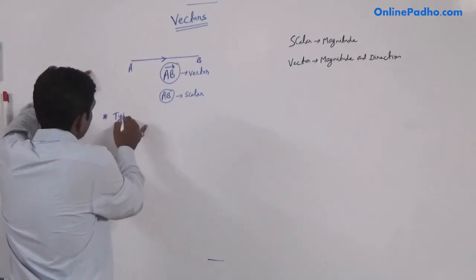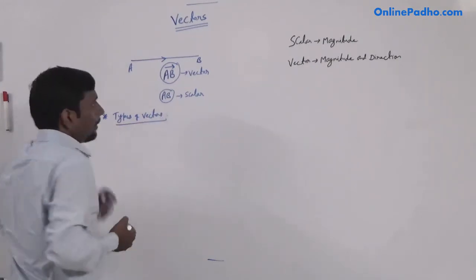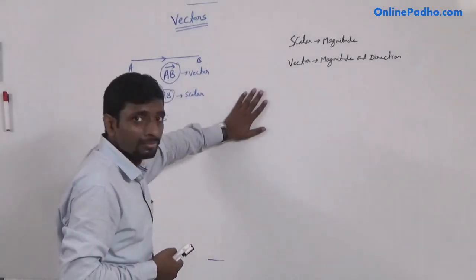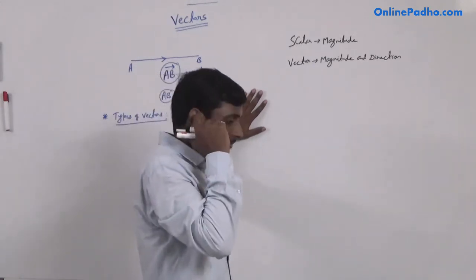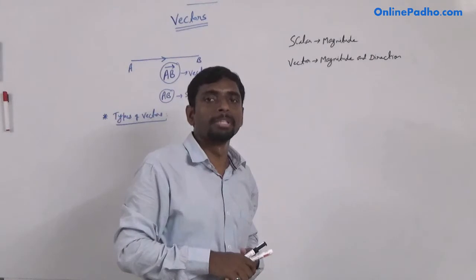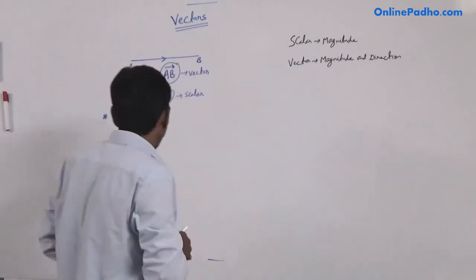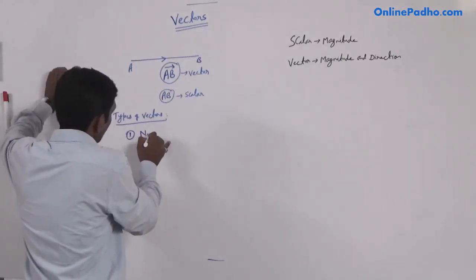It's a very simple concept. How many types of vectors? If you apply a force on this whiteboard of 0 Newton, then nothing is displaced from this point. This type of vector quantity is called the null vector or zero vector.